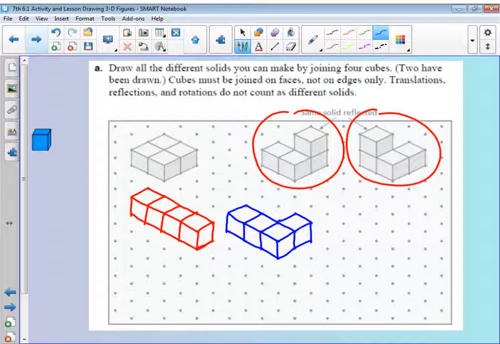So maybe something like that. The key thing is I want you to just try it out. Even if you're just copying exactly what I'm doing, that's okay. So that's another way that you could draw with 4 blocks.